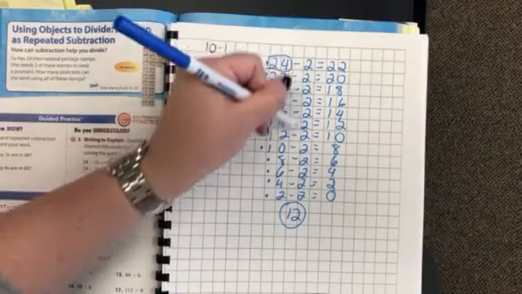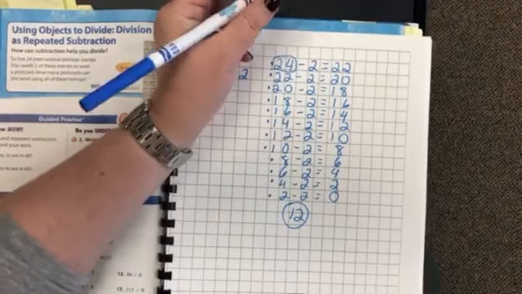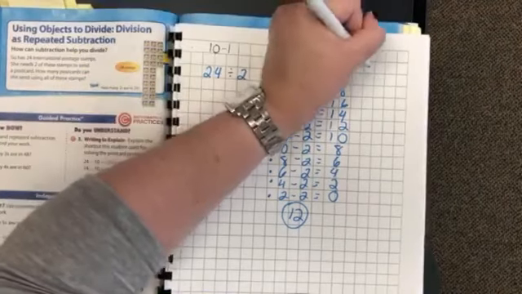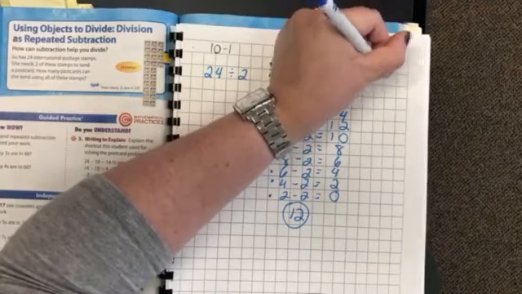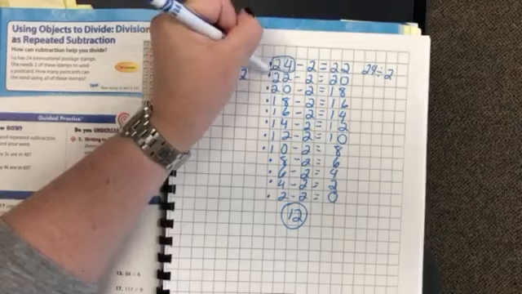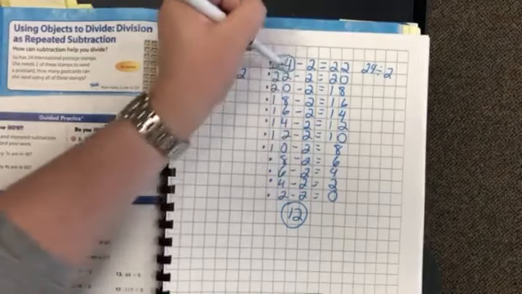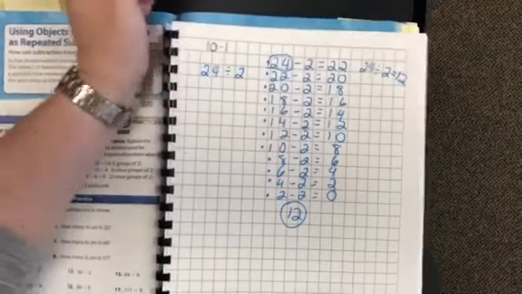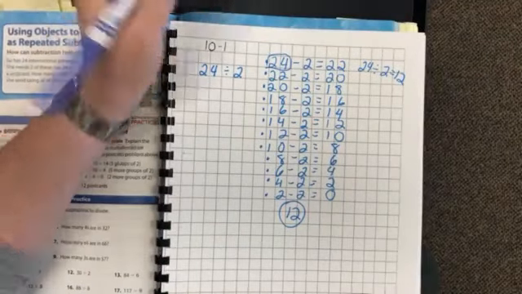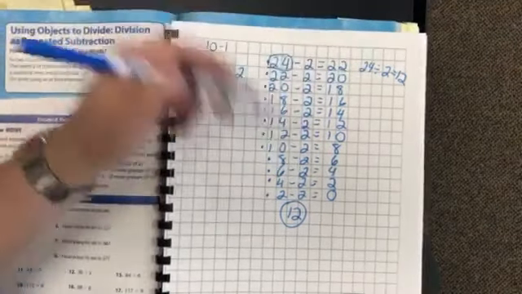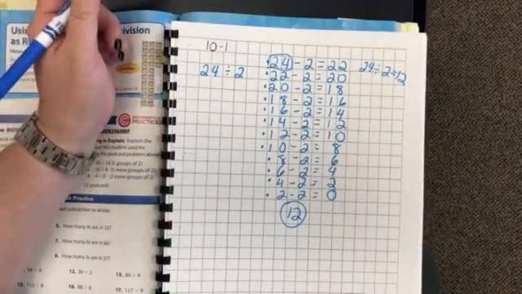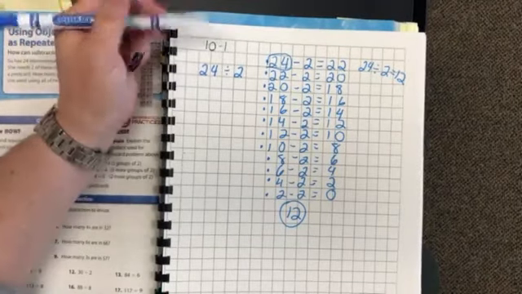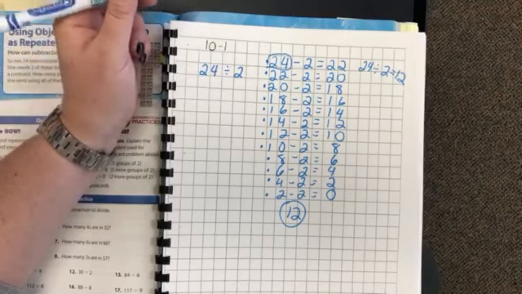It keeps subtracting 2 from it, so it must be wanting me to do 24 divided by 2. There are 12 in all that take me down to 0, so that means it must equal 12. So that's the point of this. You do not have to do this to solve, especially with 24 divided by 2, okay?